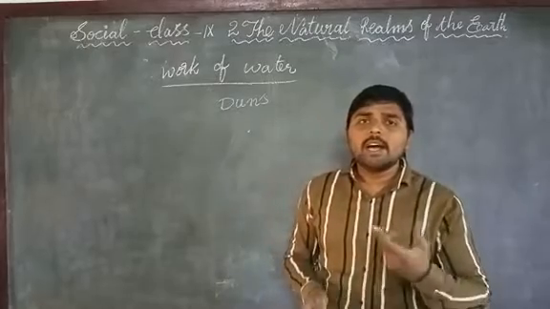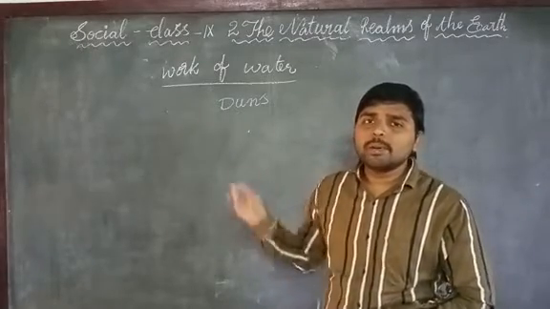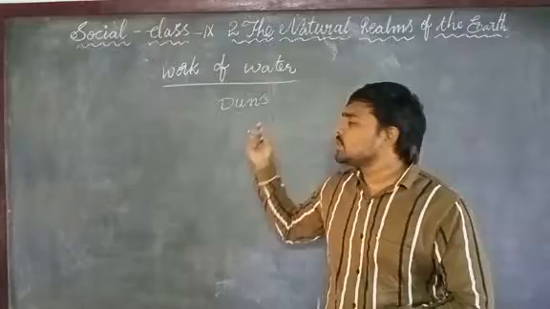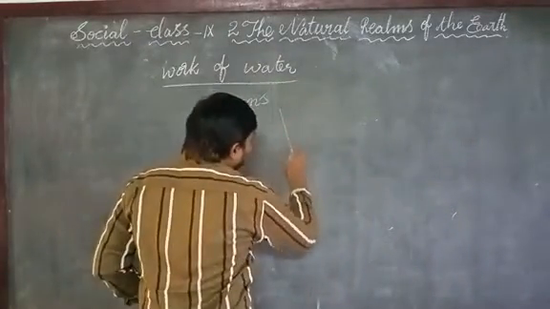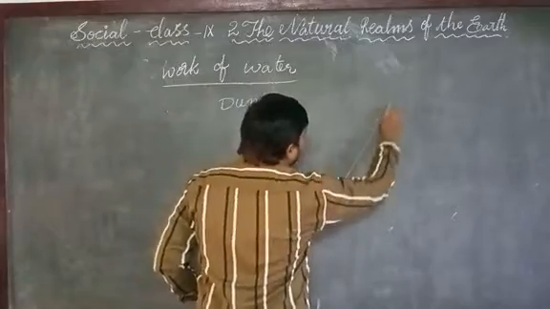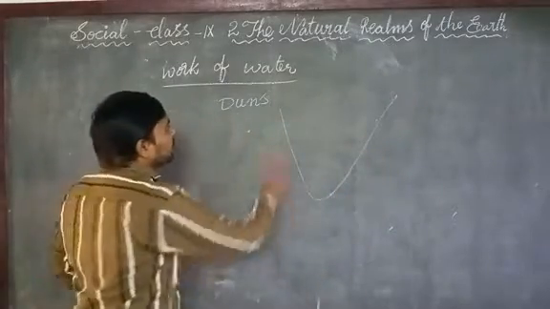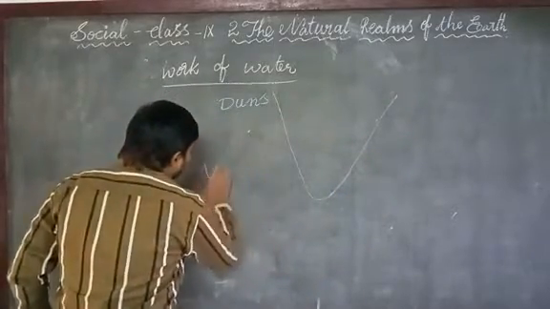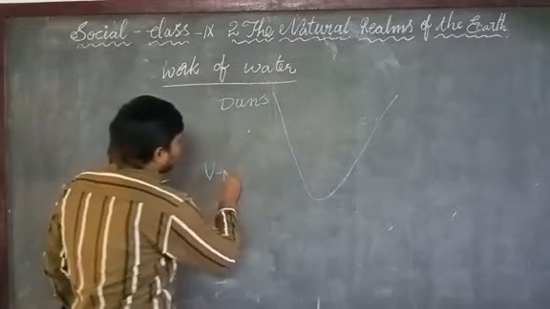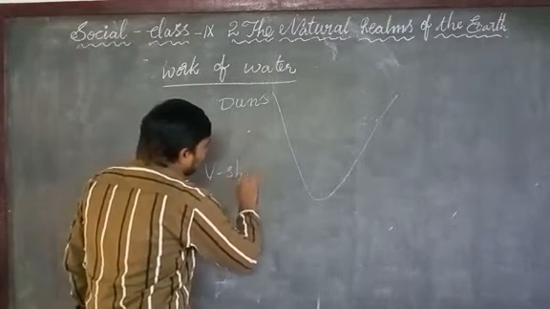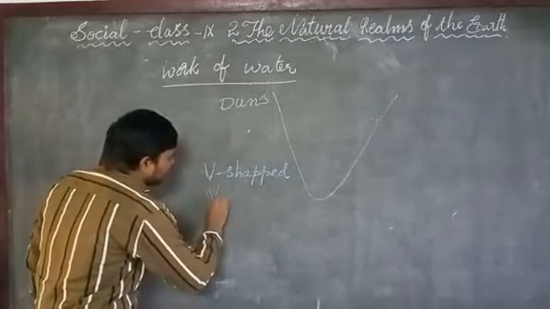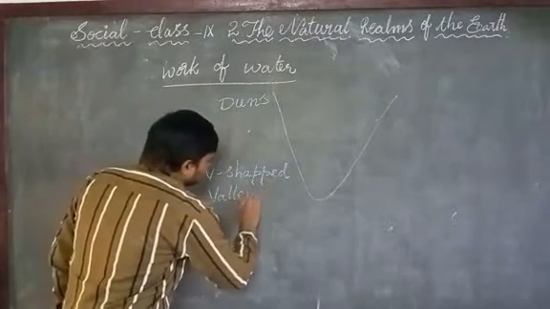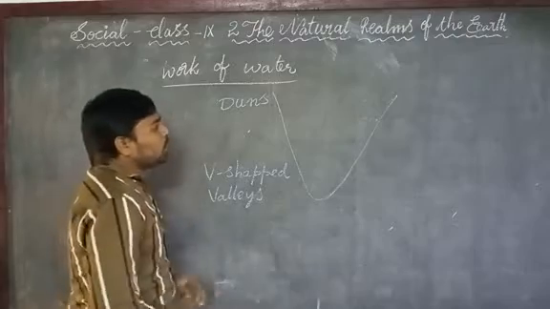Now let us see what the shape of these dunes is. The shape of these dunes is V, called V-shaped valleys. How are these V-shaped valleys formed?